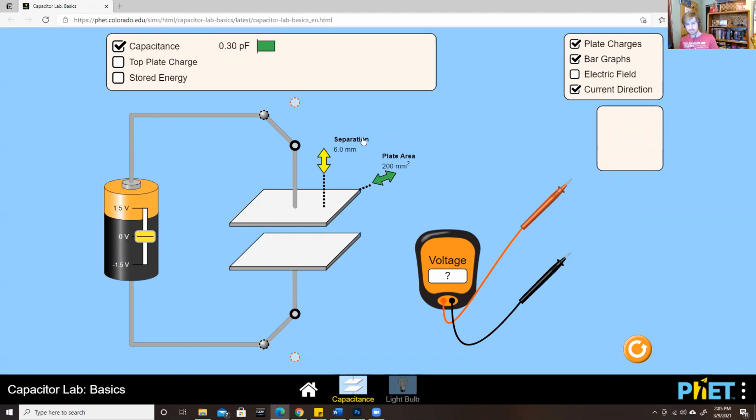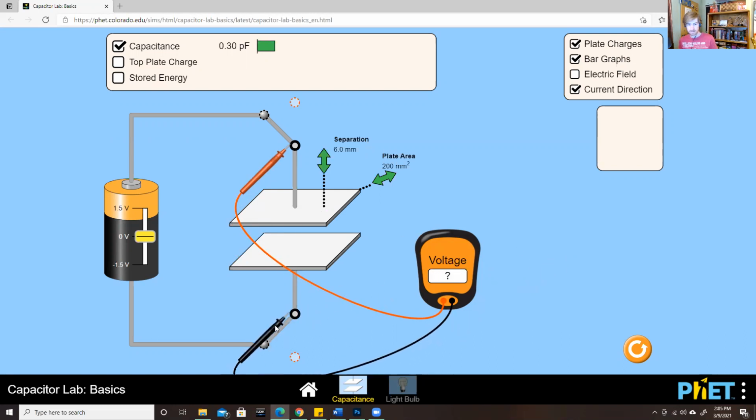The distance separation is right here, and the area of the individual plate is right here. And measuring voltage, I would measure across the object I want to measure. So for this element, the capacitor, I measure across. So on both sides, you see the potential difference from one side to the other.